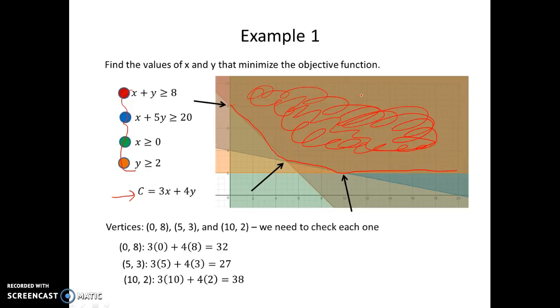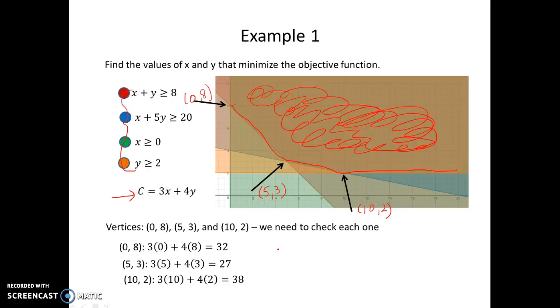When I do that, you can see this vertex here is 0, 8, so that's my first one. So 0, 8 is here. Then we have 5, 3, that's this one right here. 5, 3 gives me 27. This last vertex is at 10, 2.